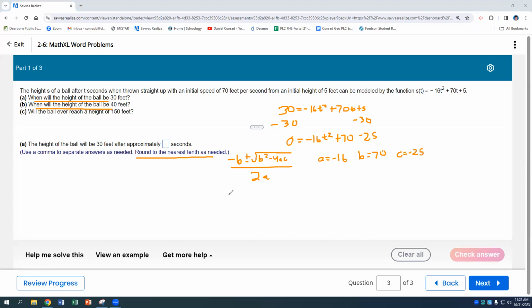Okay, so this is going to be negative 70 plus or minus square root of 70 squared minus 4 times negative 16 times negative 25, all over 2 times negative 16. Okay, I'm going to put this part in my calculator.